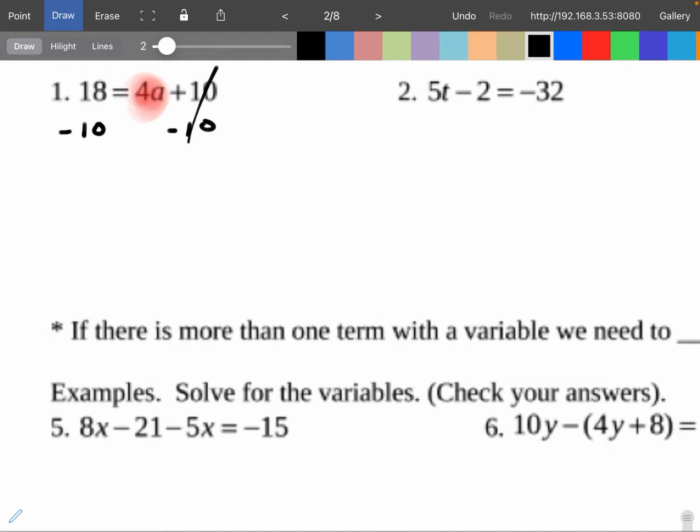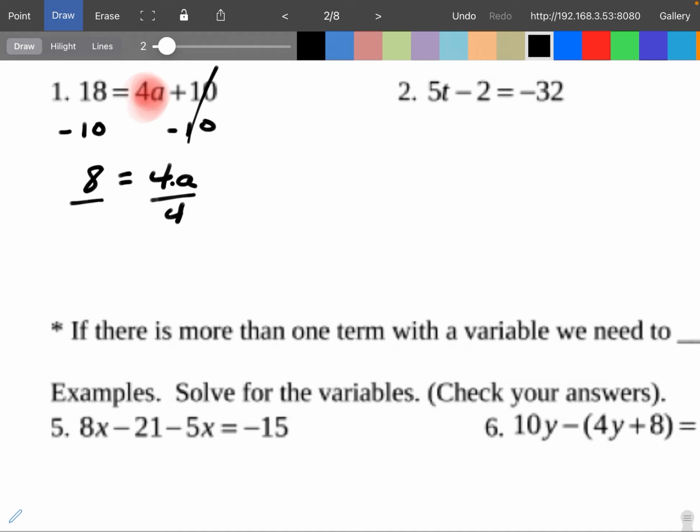Well, then on the right-hand side, these would cancel out just like yesterday. That would make 0. So on the left-hand side, we have 18 minus 10. That's 8. And all we have left on the right-hand side is 4 times A. And then what's the opposite of multiplying by 4? Yeah.